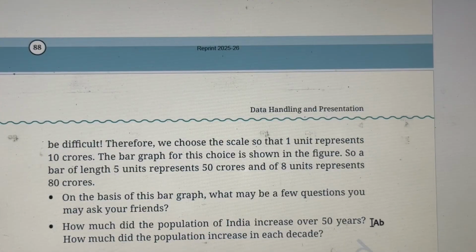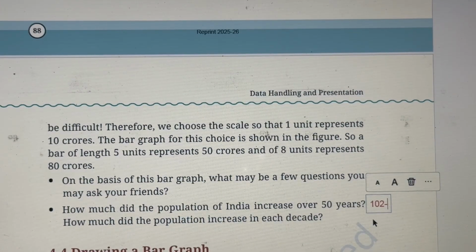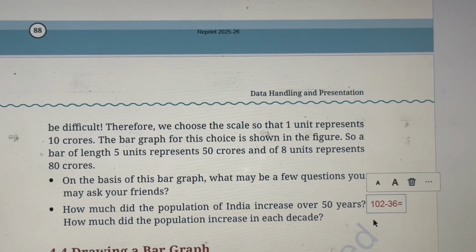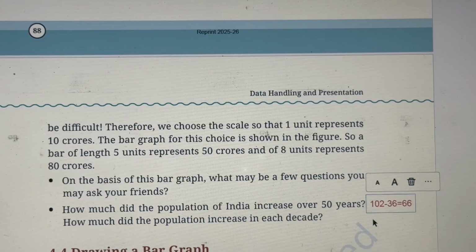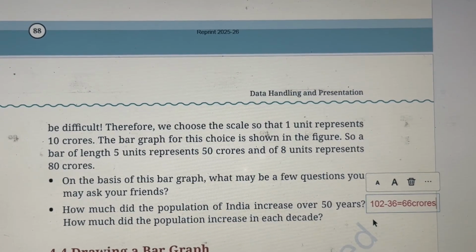You will simply subtract. So 102 minus 36, that is equal to 66 crores. Okay, so that is the increase in population over 50 years.